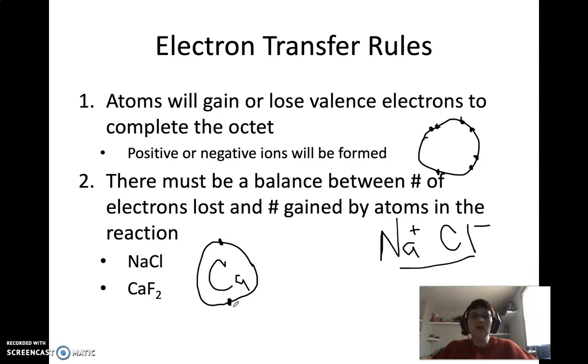And so it's going to lose 2 electrons to become +2. So it's going to get rid of these. And now you've got fluorine. Fluorine is like chlorine, and it's got 7.